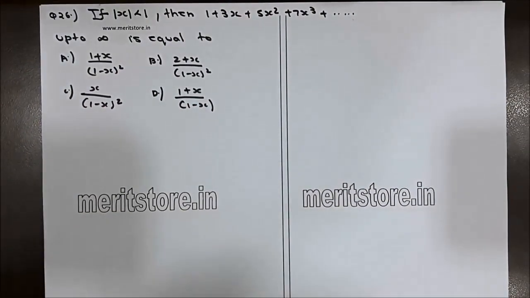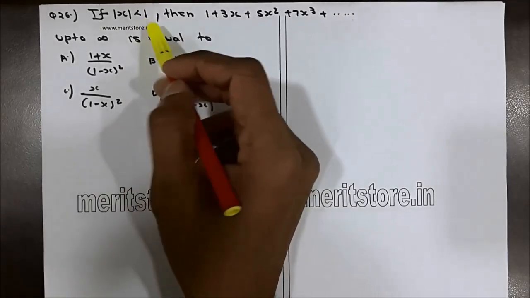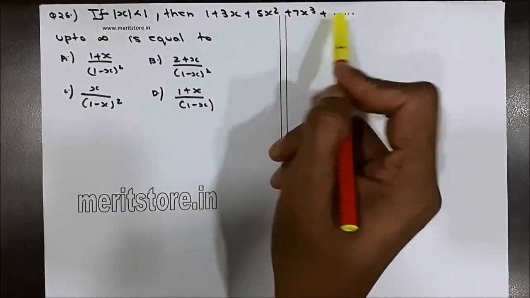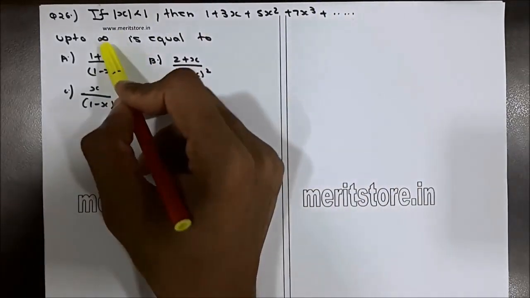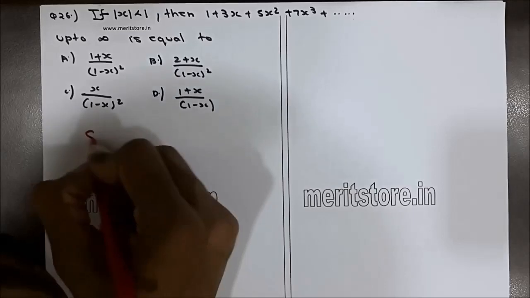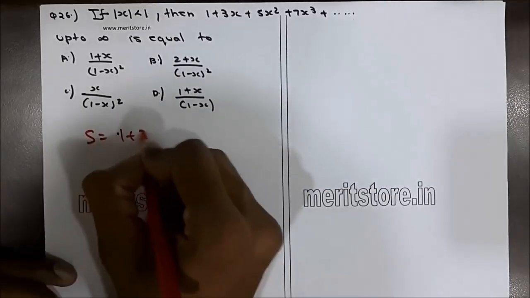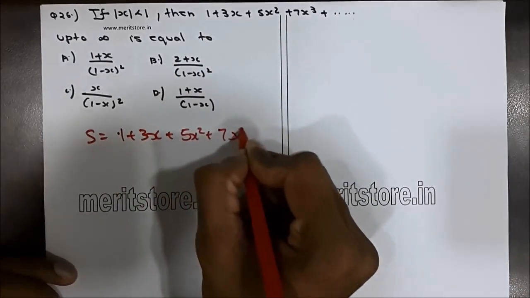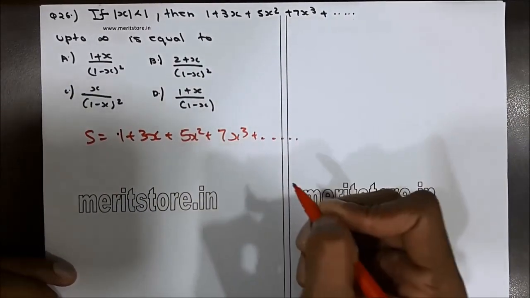Question 26. If |x| is less than 1, then 1 + 3x + 5x² + 7x³ + ... to infinity is equal to, we have four options. Let s = 1 + 3x + 5x² + 7x³ + ... to infinity.